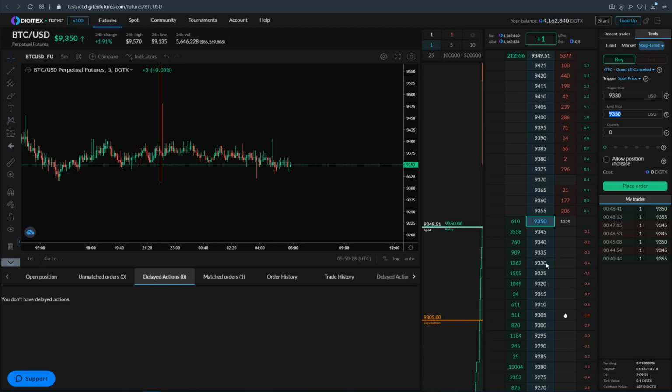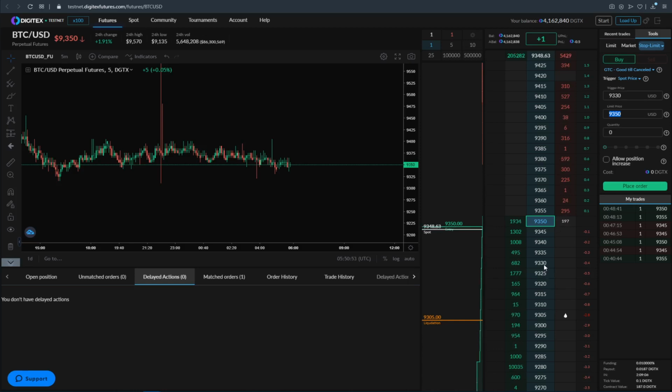At 93.30, let's say the price is coming down, going against us, and we're in this one contract long. The spot price gets to 93.30 and triggers our stop loss. Now we need to specify where we want the actual order placed, so you can go below 93.30 and place it however many ticks below you want.